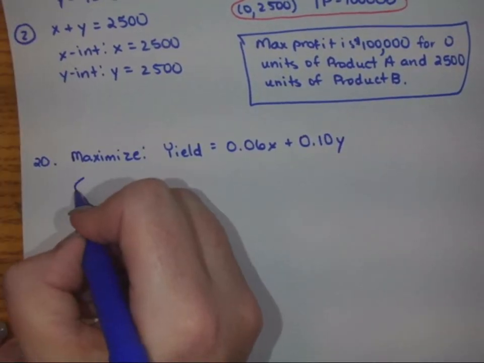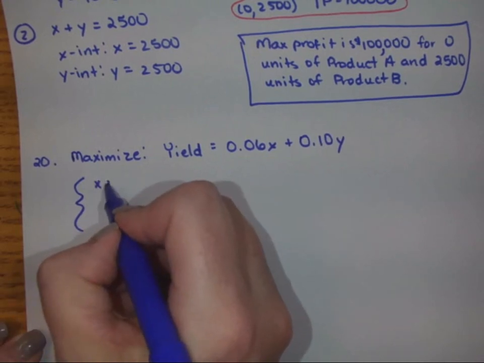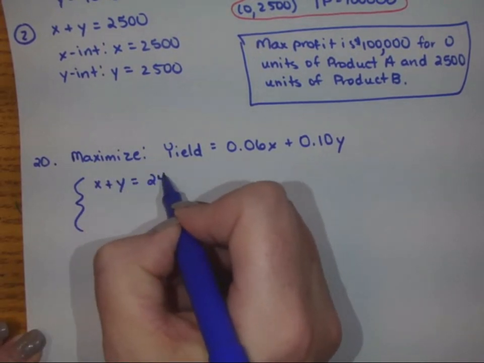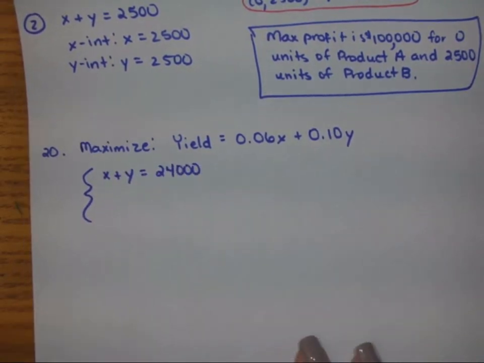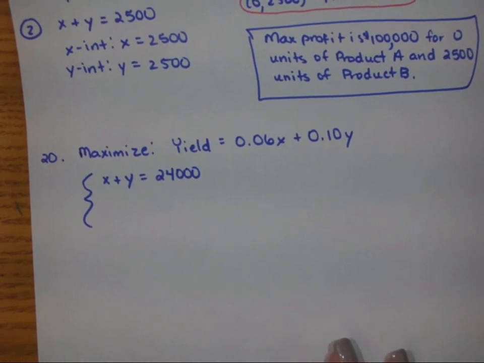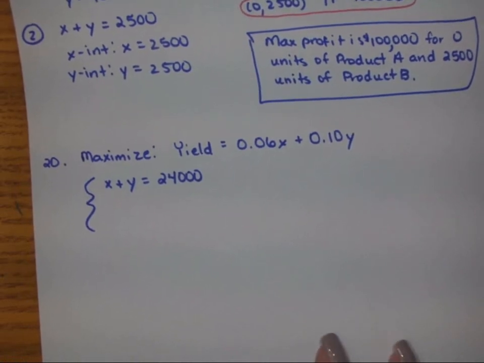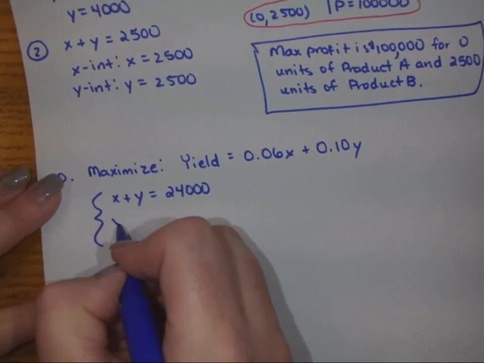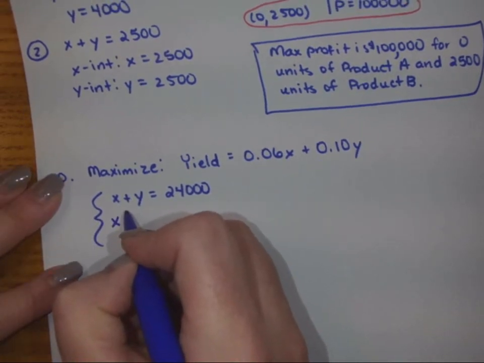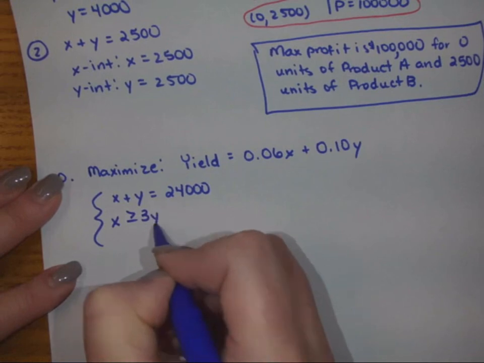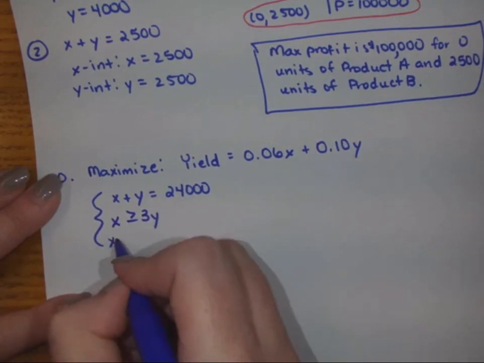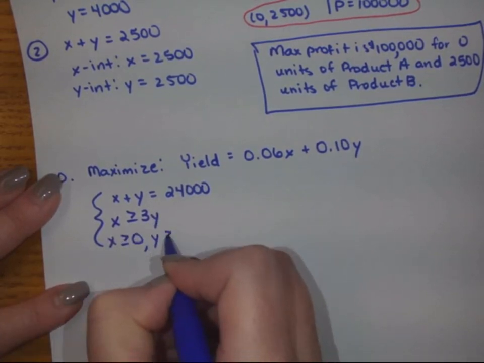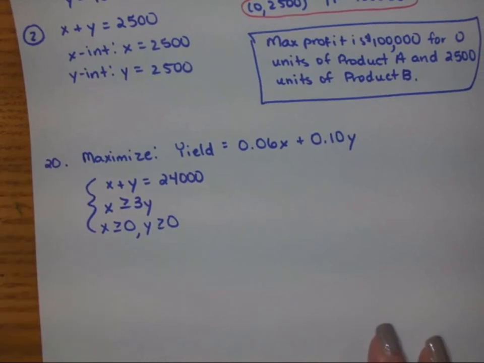Okay, but then we have some restrictions, right? They only have 24,000 to invest. So X plus Y, stocks and bonds, can't be any more than 24,000. And then it says that the bonds has to be at least 3 times the stocks. And then of course we have X and Y have to be greater than 0.